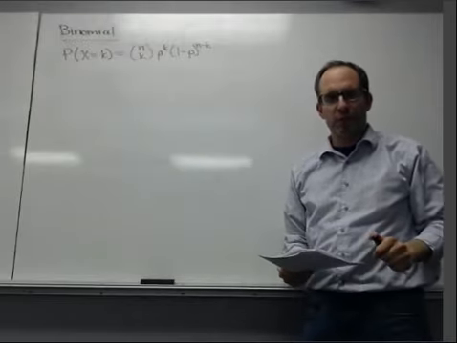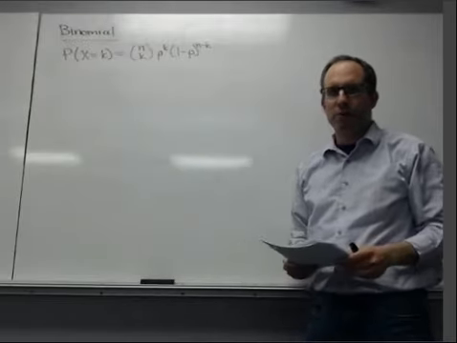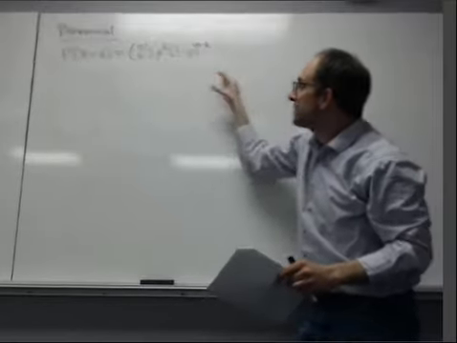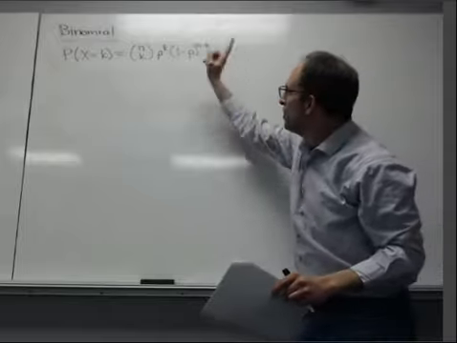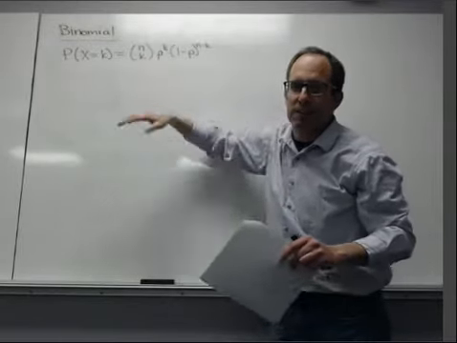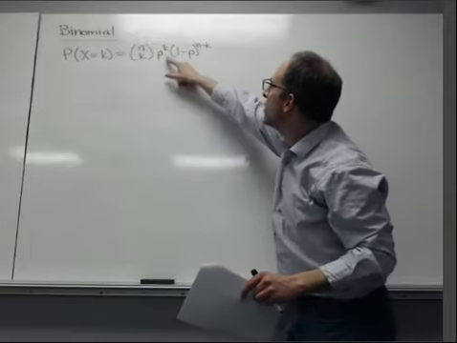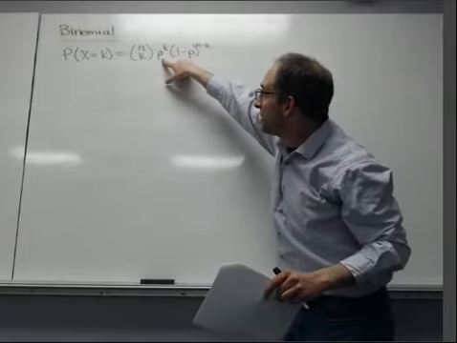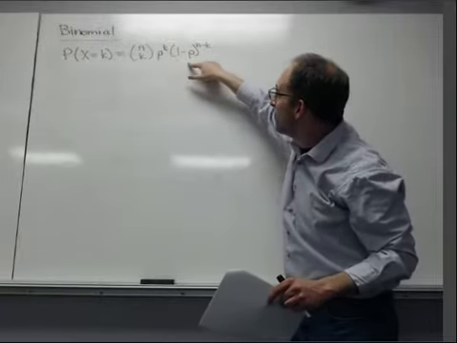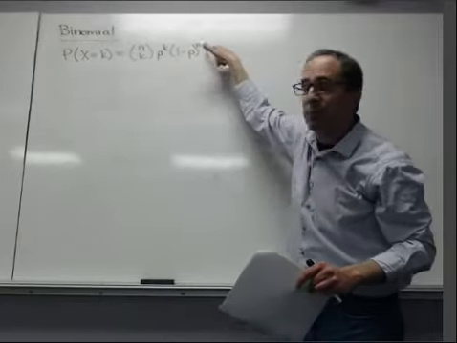Now that we've gone through how the combinations work, we can put the binomial probability function together. And that's what this is. I'm going to start in the middle on purpose, just so I can talk about that at the end. You've got the probability of success in a single trial raised to the number of successes. You've got the probability of failure in a single trial raised to the number of failures.